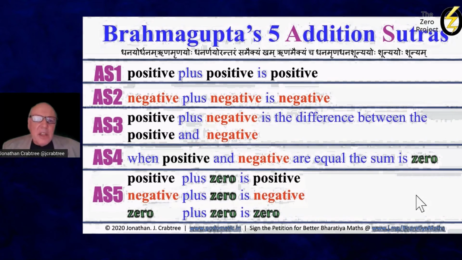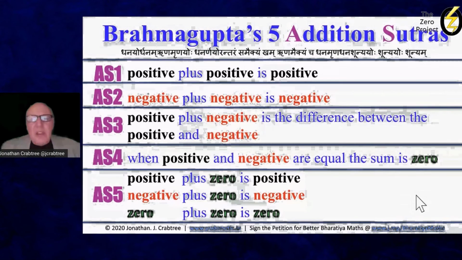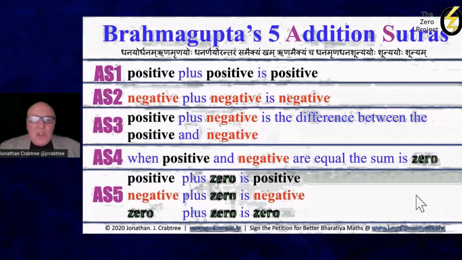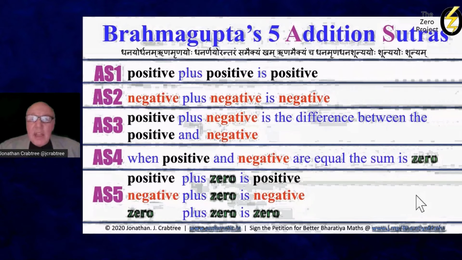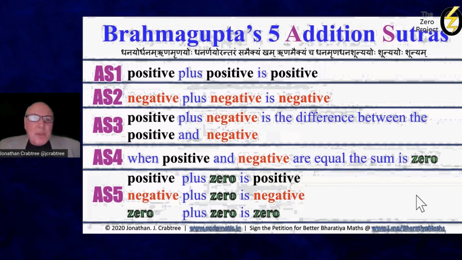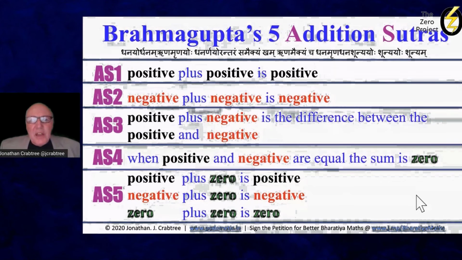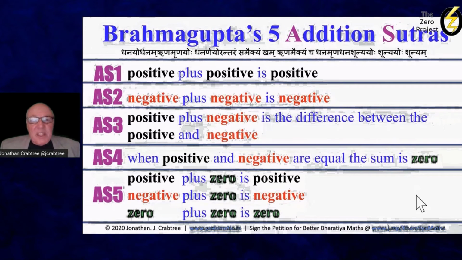And you can see that the addition sutra number 4 is the most important concept, I believe, in the launching of 0 as a number in its own right for the purpose of scientists. And this definition appeared in his chapter 18 of Brahmasphuta Siddhanta, which was a chapter on algebra.